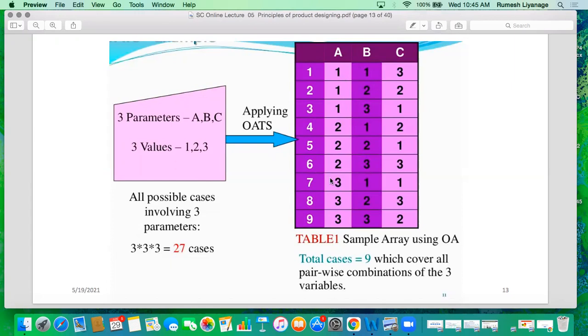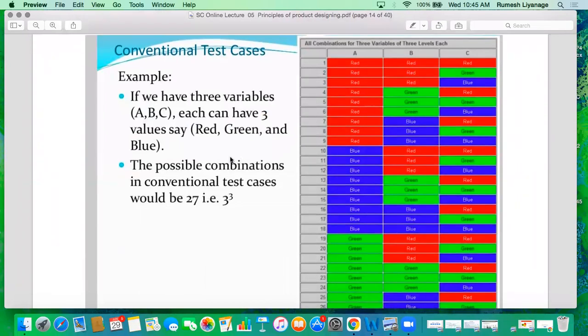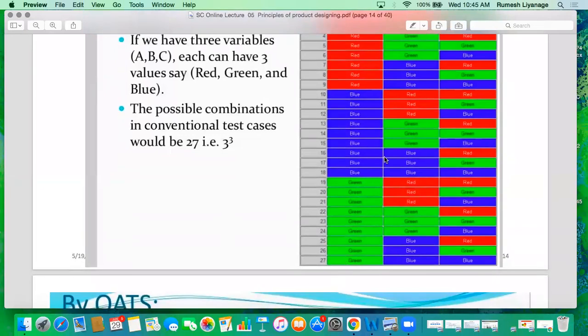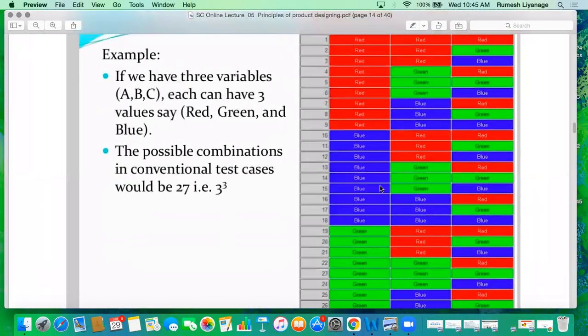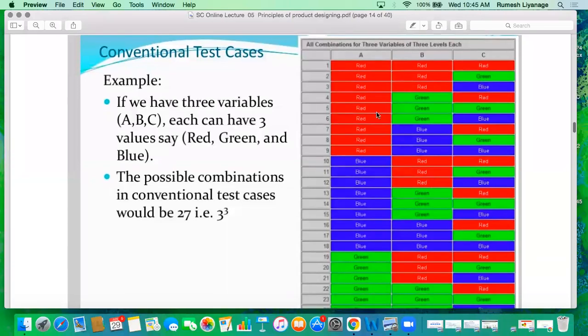And this is the method. In this example also you can see the conventional method. There are 3 factors at 3 levels. These are the 27 designs. Here the researcher has used different colors for levels.